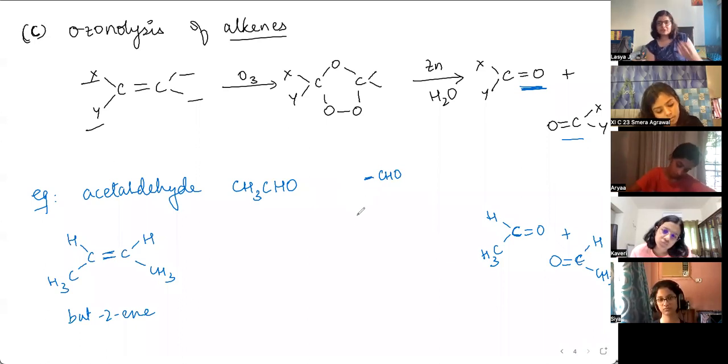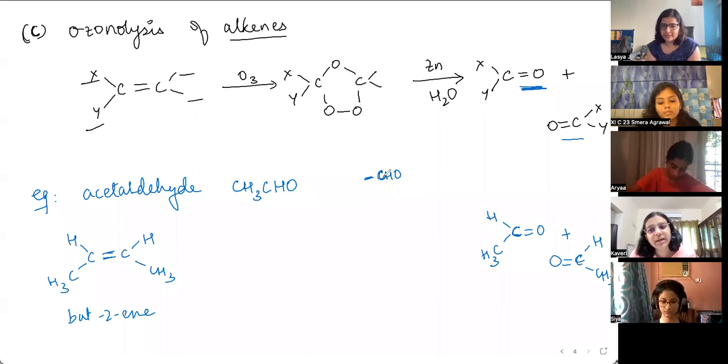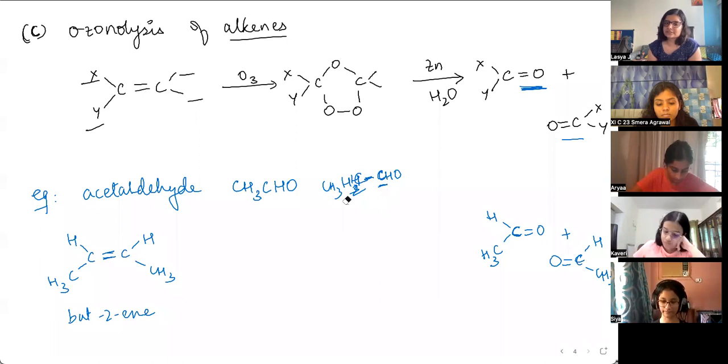If it's not substituted, we define aldehydes as containing only carbon and hydrogen along with the CHO group. That's why we always write R while writing the general formula. R can be H, and then this is the simplest aldehyde with one carbon atom. When you want to increase the number of carbon atoms, you put another carbon, and to fulfill the valency this becomes CH3. Then one more becomes CH2, CH3. That's how it increases.